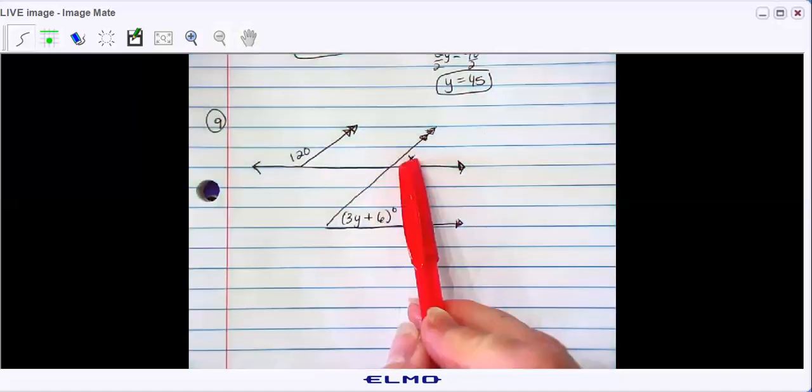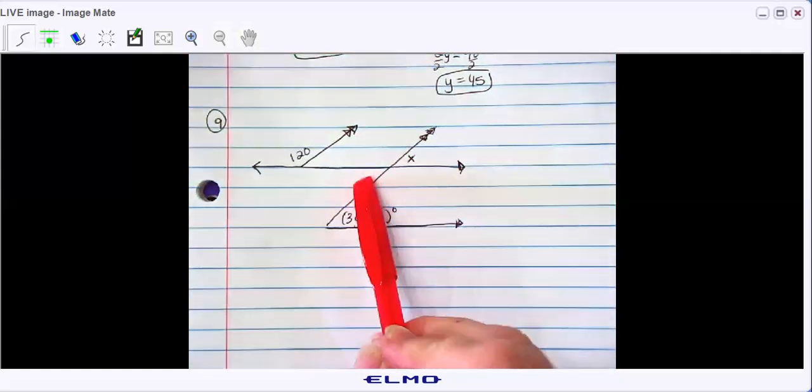So we just excluded the alternate interior and same side interior. They're obviously not right across from each other, because right across from each other would be 120 down here. So let's look at corresponding. If I were to slide this angle over here, would that be corresponding? Is it on the top of my parallel line and on the left?